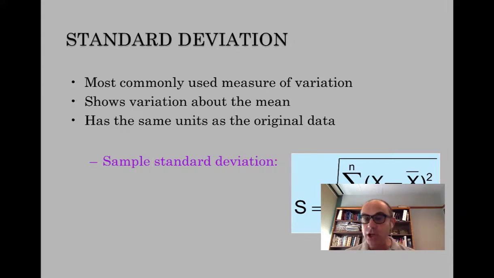Standard deviation is probably the most used measurement of all time. We will use it all the time, from samples to distributions and so on. So be aware that this is part of the equation that we need to remember how to use. It has the same unit as the original data, but it shows the variation about the mean.